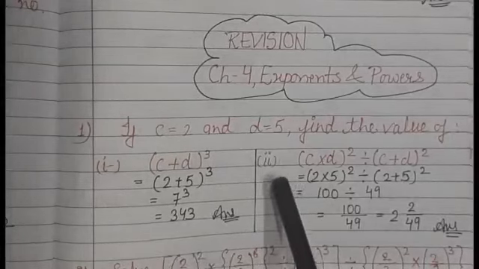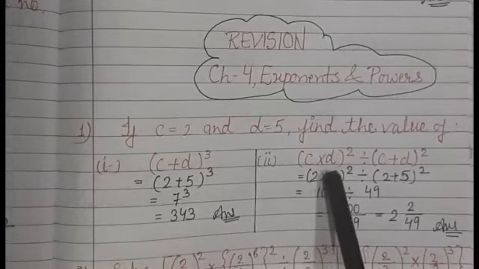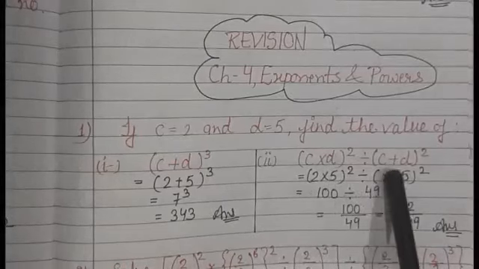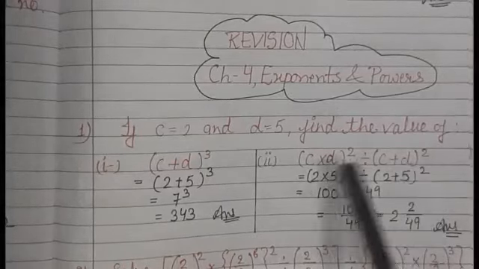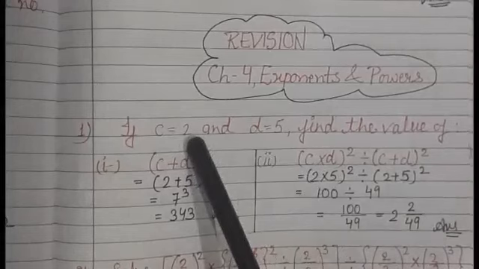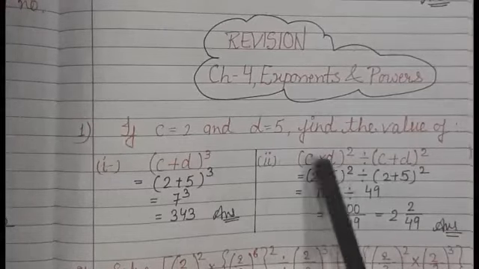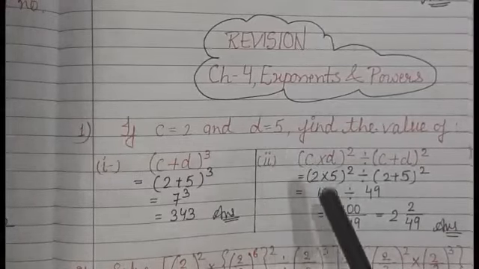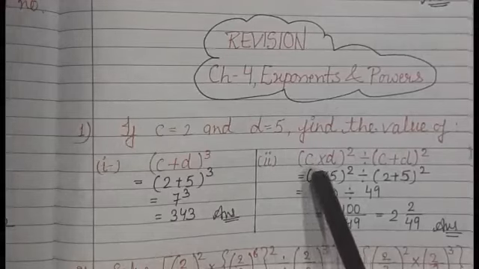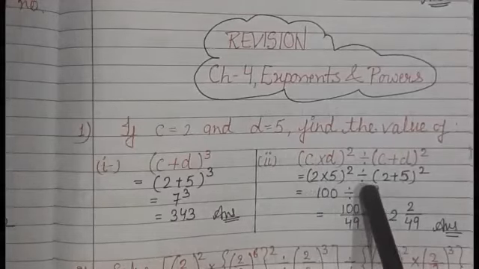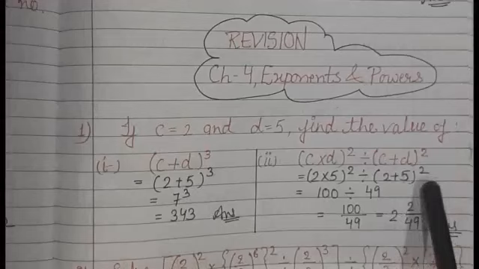Clear? Now the second part, (c into d) whole square divided by (c plus d) whole square. Instead of c we put 2, instead of d we put 5. So it will come (2 into 5) whole square divided by (2 plus 5) whole square.